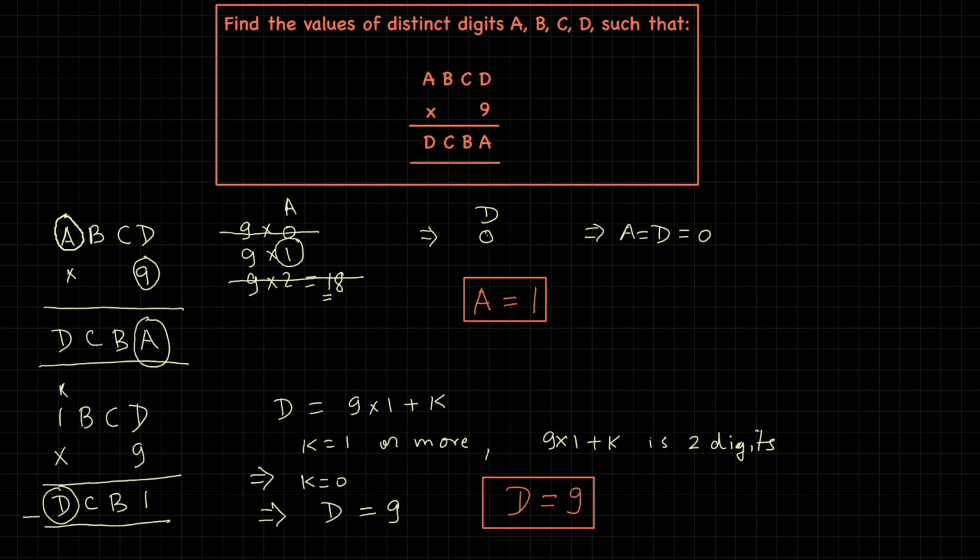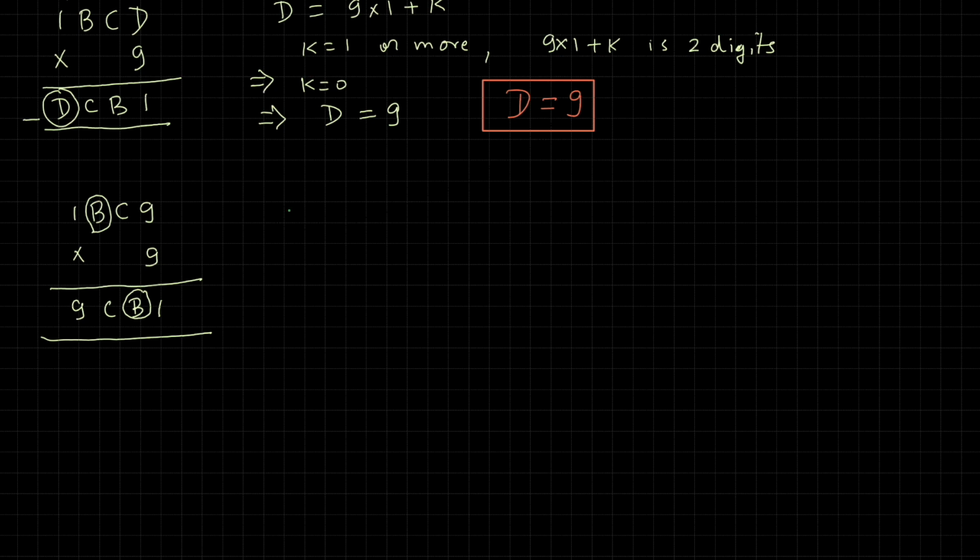Let's look at finding B next. Let's see what happens when we multiply 9 by B. There could be some carry in here. I'm going to call that Q, the carry in. And then as we saw, there is no carry out here. We already established that K is a 0.